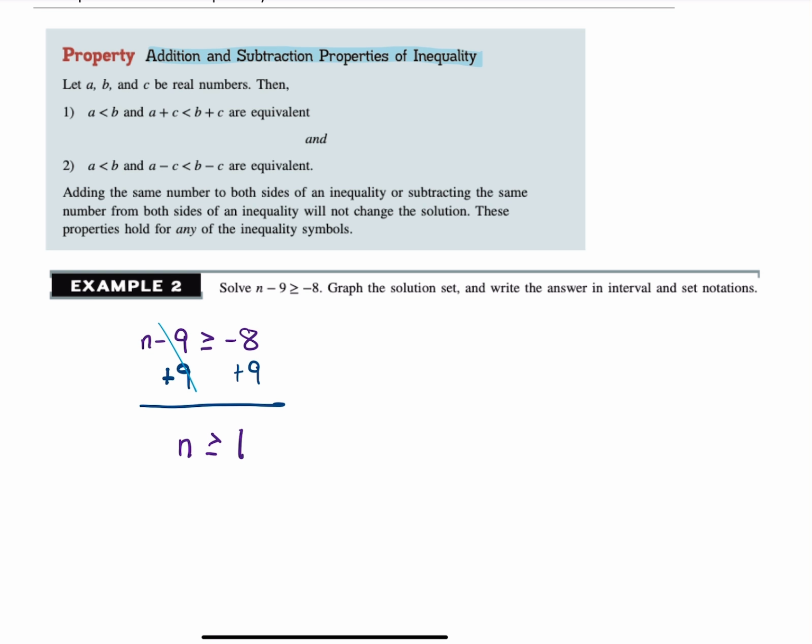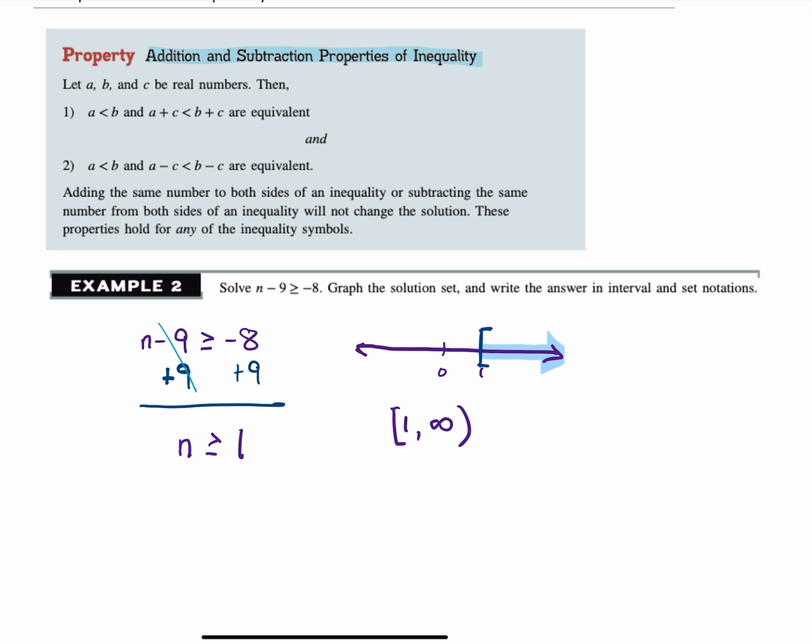It wants us to graph the solution set and to write the answer in interval and set notations. So as a graph, this is 0, so 1 will be here. So everything greater than or equal to, so I will use a bracket, and I would fill in everything greater than that. In interval notation, I would say starting at 1, including 1, and going off to positive infinity.